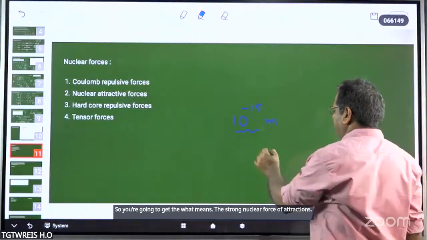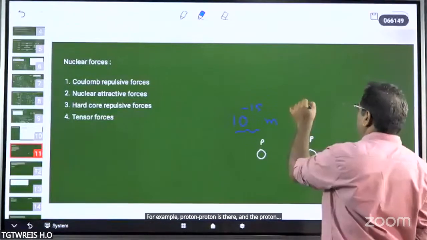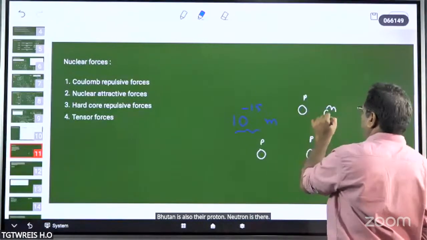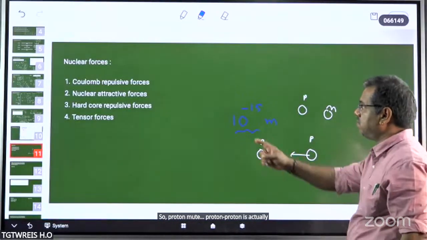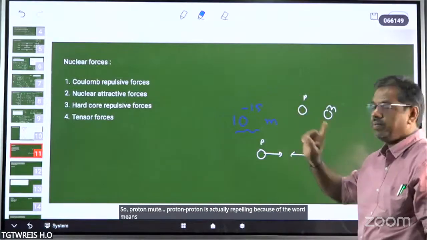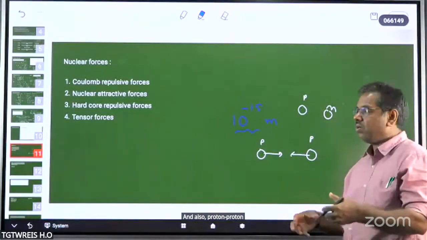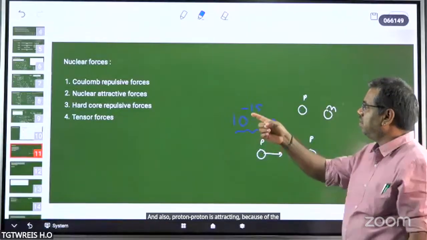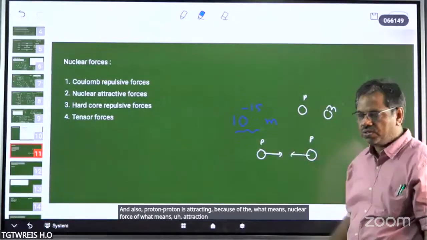For example, when a proton is there with another proton, the proton is repelled because of the Coulomb repulsive force, and also attracted because of the nuclear force.